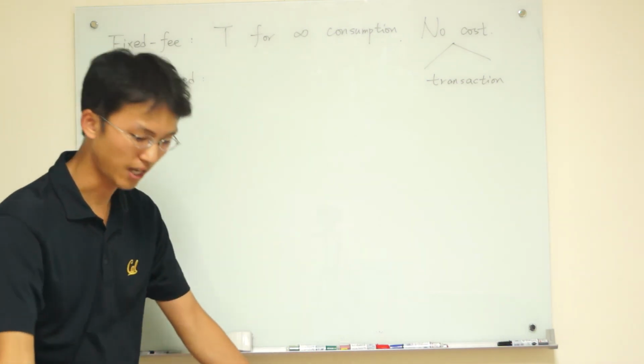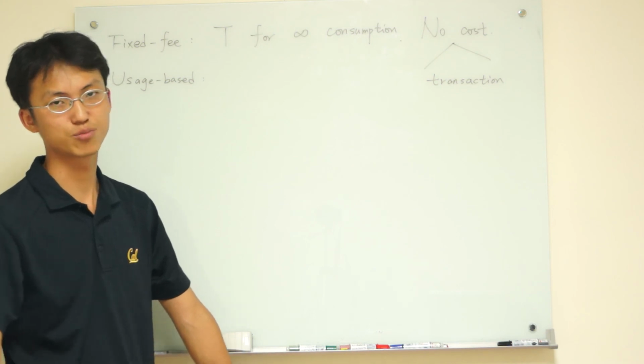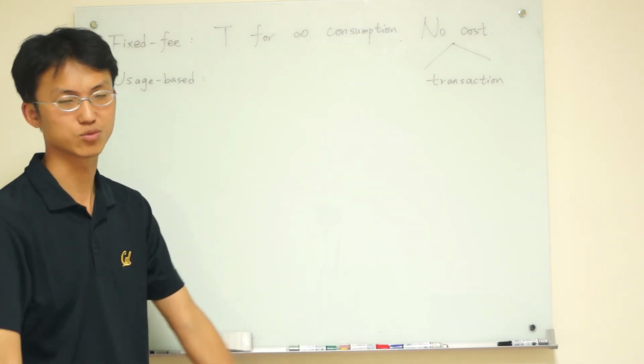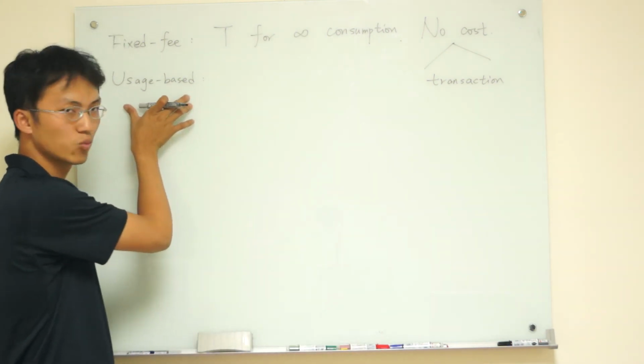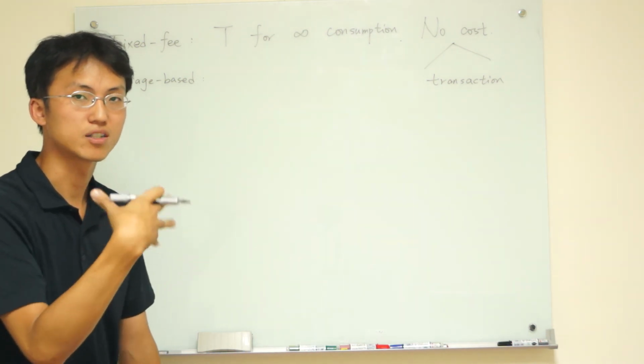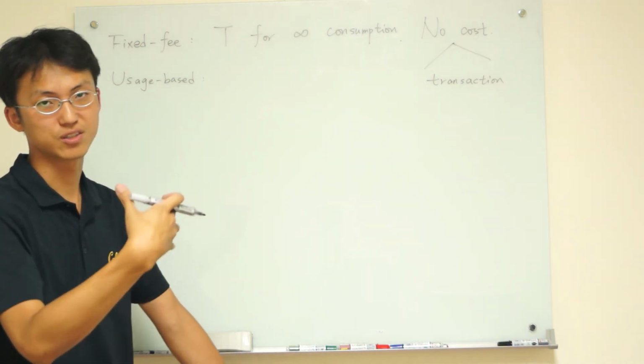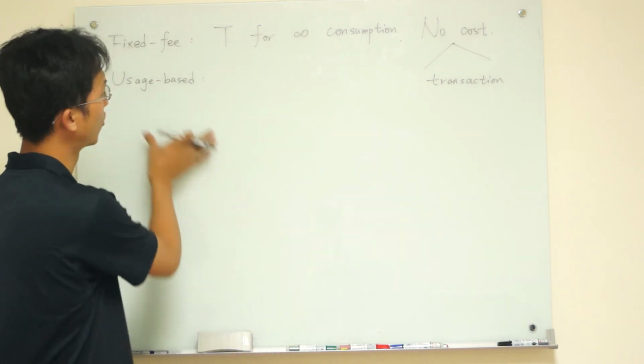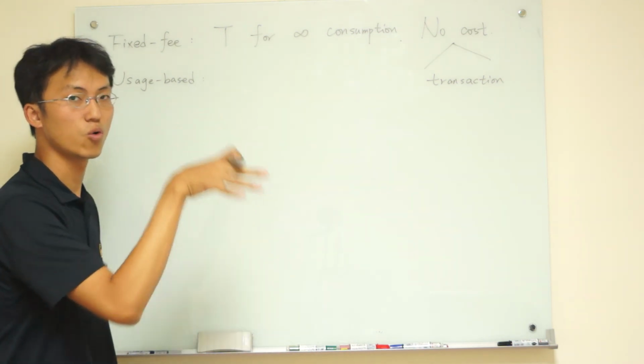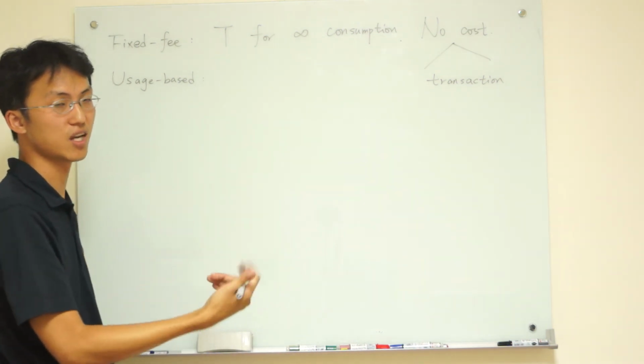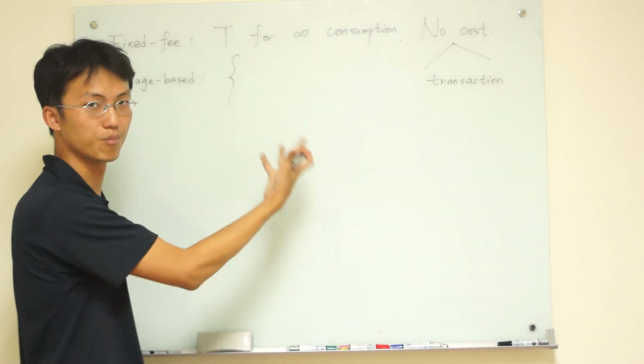And as we have learned from the revelation principle, we know this will be a 2-part tariff for different types of consumers. Or we say in this case, what the firm needs to decide is a menu of contracts.